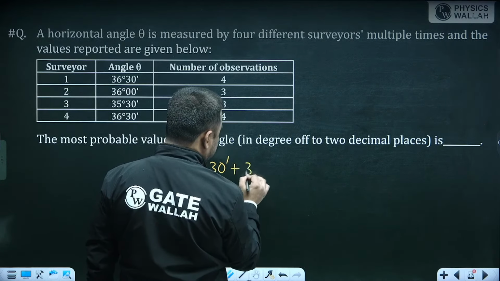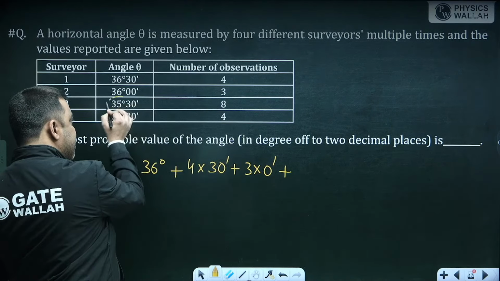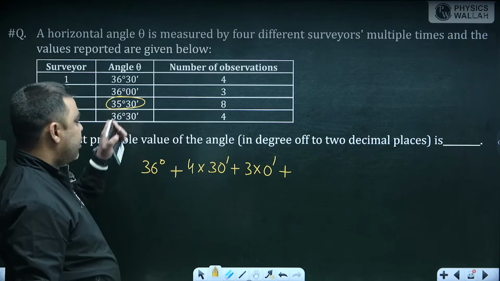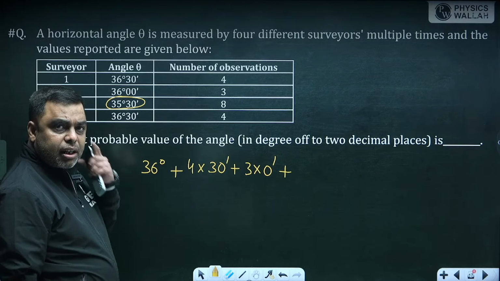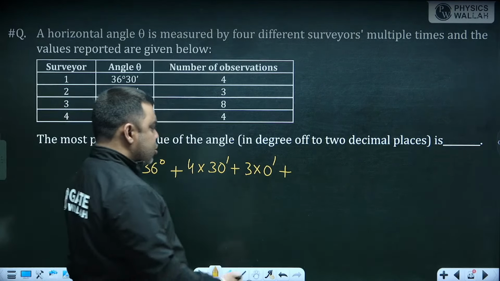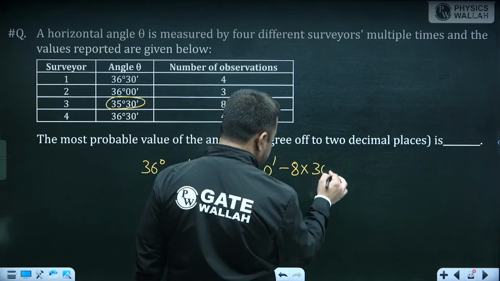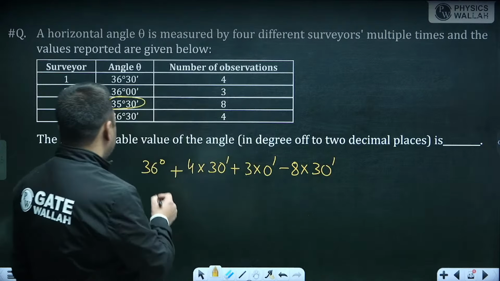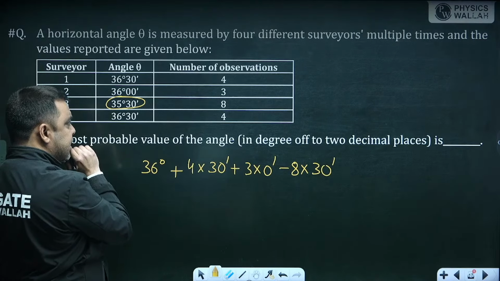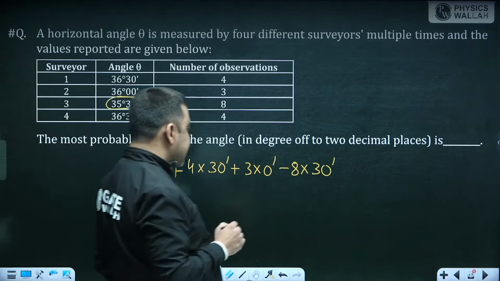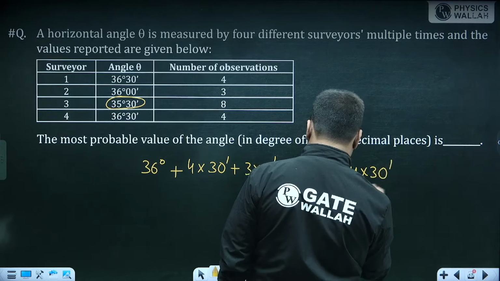Plus 3 times of 0 minutes plus, over here in this, we are 30 minutes less, right? So I will better write minus 8 times of 30 minutes. Because over here 30 minutes was in excess, over here 30 minutes is less. Right? And in next one, plus 4 times of 30 minutes.